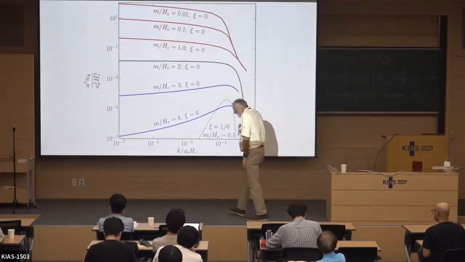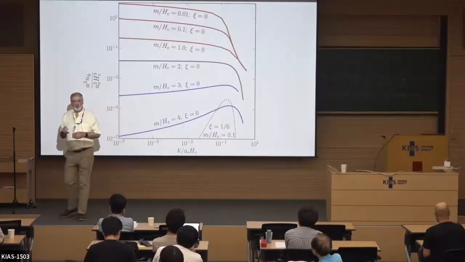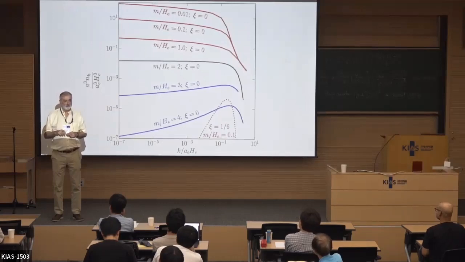So why is there such a difference between minimally coupled scalars and conformally coupled scalars?